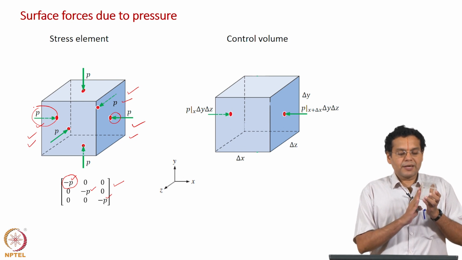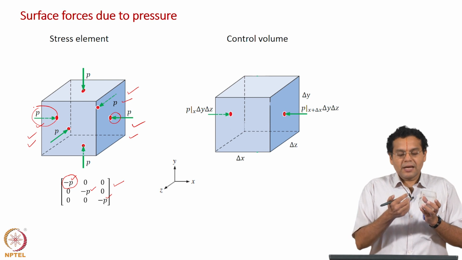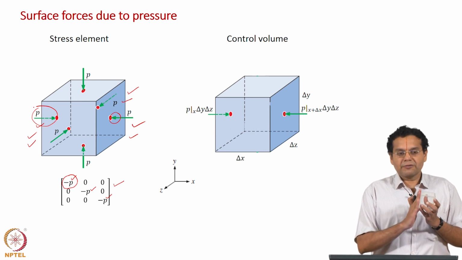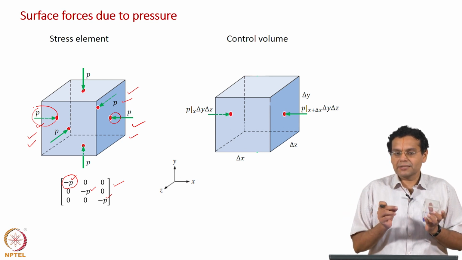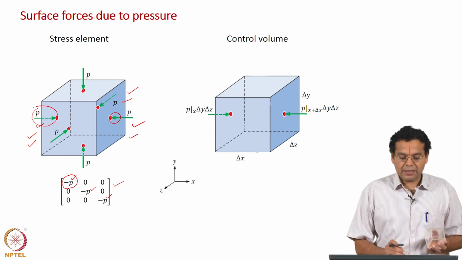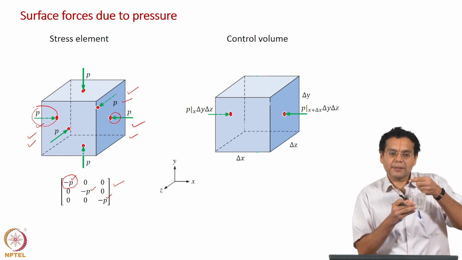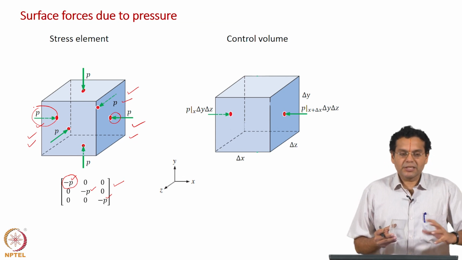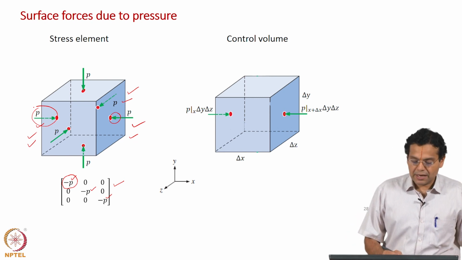Just imagine this face and the opposite side of the same face, a very thin face. You already proved that at an interface, normal stresses acting on opposite sides of the face are equal and opposite. That is why we represent p in this way on one side, and in this direction on the other side. So, it is not a physical volume, just a representation. Analogously we can extend this to other directions.